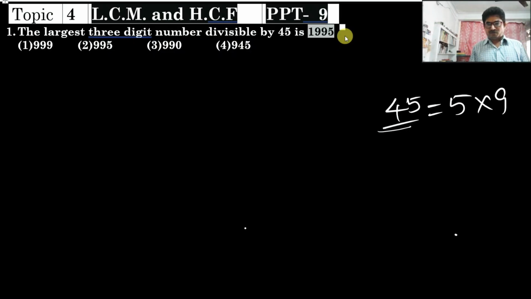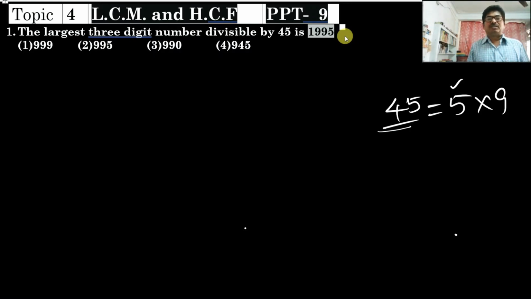So we have to check with 5 and 9. In this, the second option and the fourth option are divisible by 5 and 9. So we have to take the largest one.